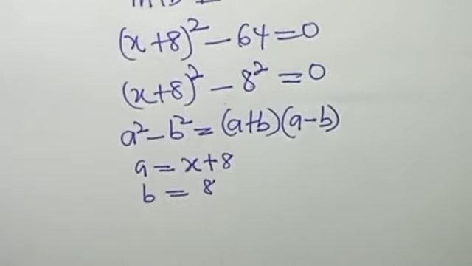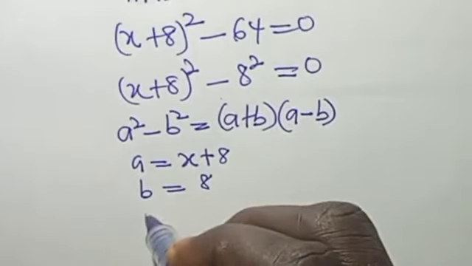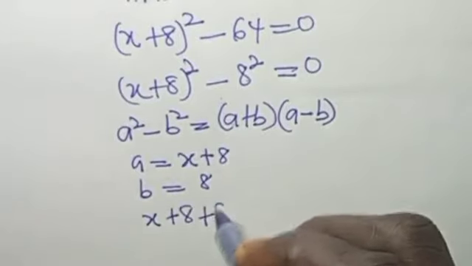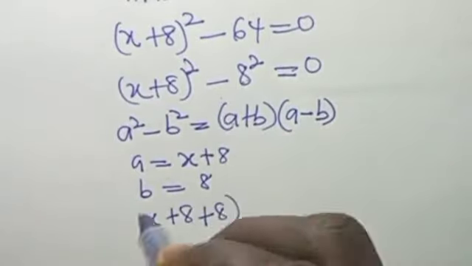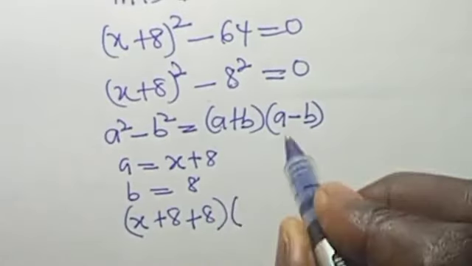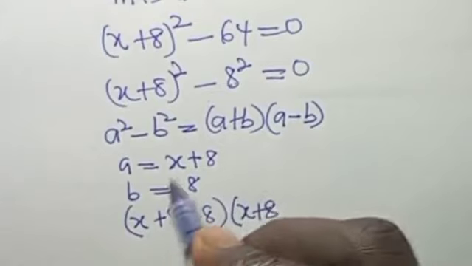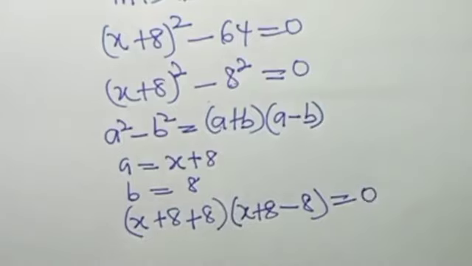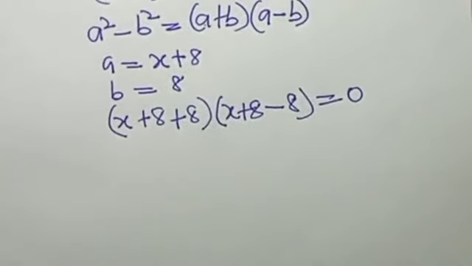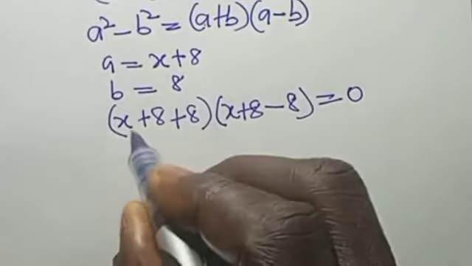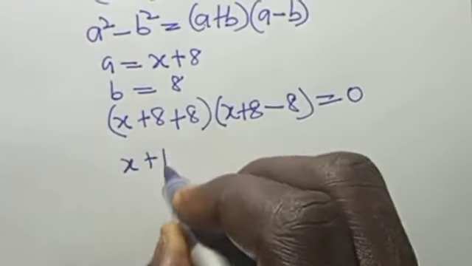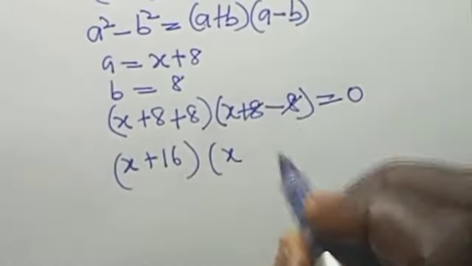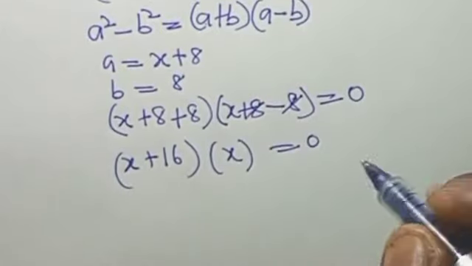So if we put in our values, I'm going to have (x + 8 + 8)(x + 8 - 8) = 0. If we simplify further, we're going to have (x + 16)(x) = 0, as the 8 cancels the 8.